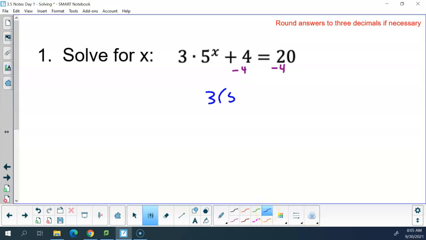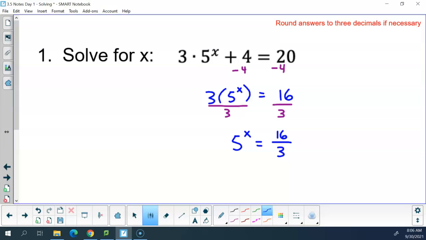I get 3 times 5 to the x power equals 16. Still don't have my variable by itself, so I divide by 3. 5 to the x power equals 16 thirds.